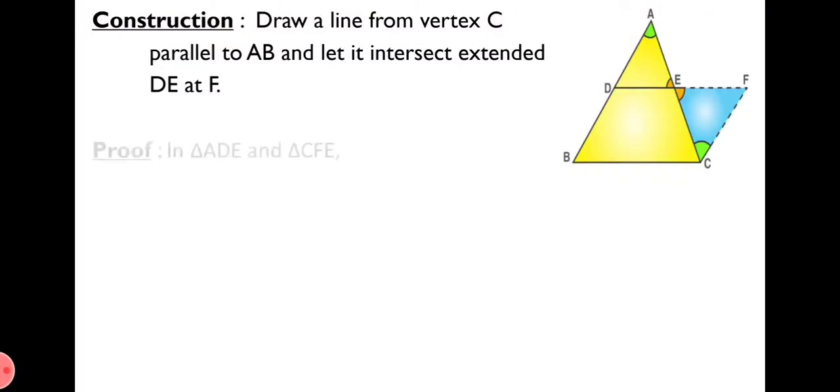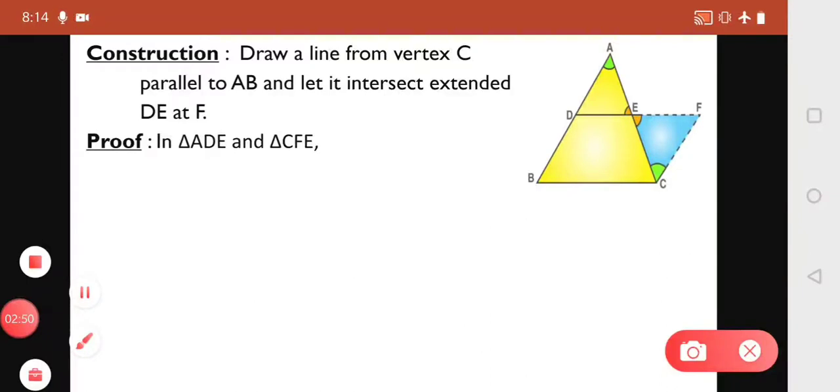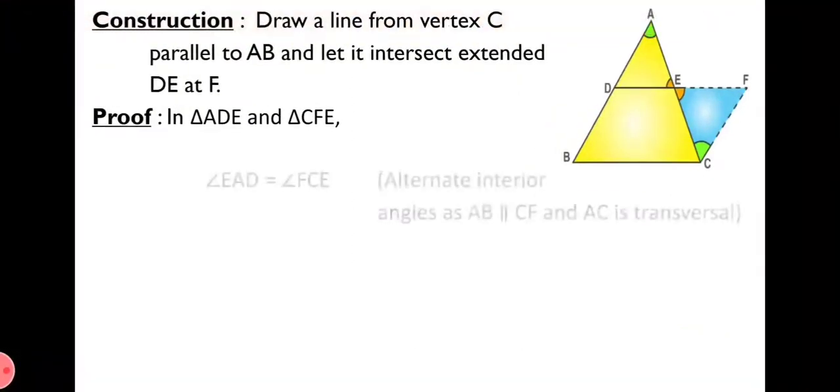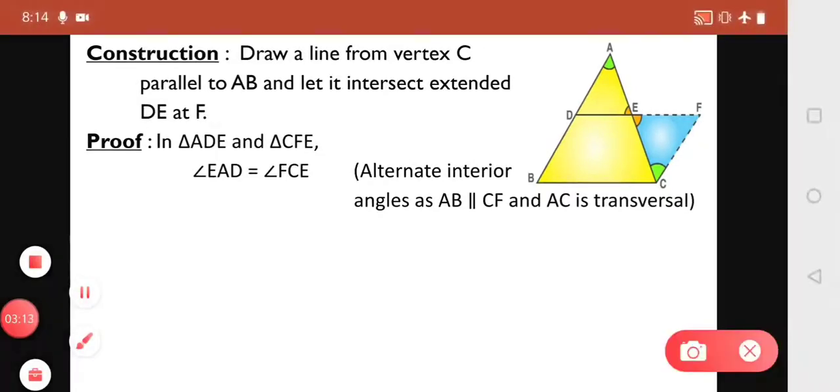Now for the proof, in triangle ADE and triangle CFE, these two triangles, let's see the three equalities. That is angle EAD equal to angle FCE. Now why are these two angles equal? Because they are alternate interior angles, as AB is parallel to CF and AC is the transversal.